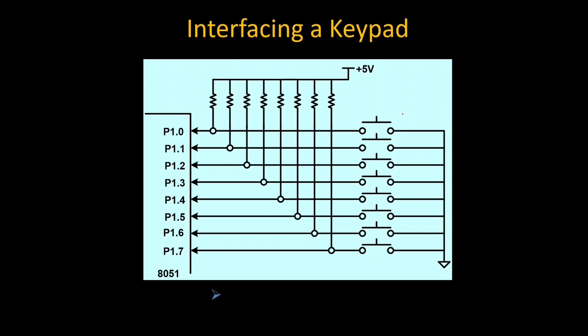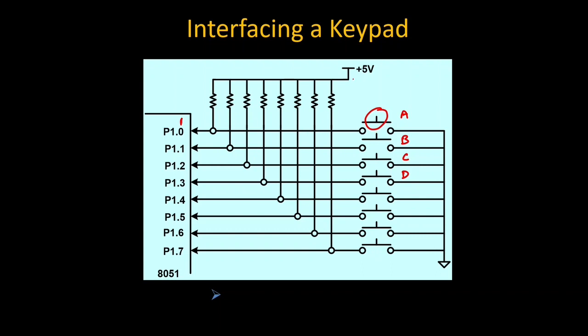Assume I give the names A here and B here, C, D, and so on. If I press this key, what can we understand? This is 5 volt, which is given to us, so it acts as an input port. This 5 volt reaches here, so you get the value of 1 if this key is pressed.